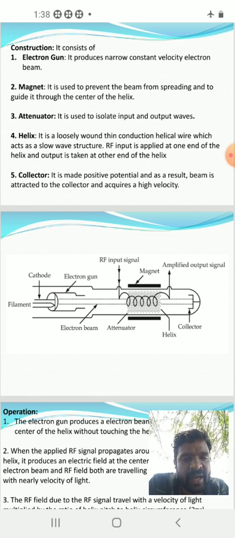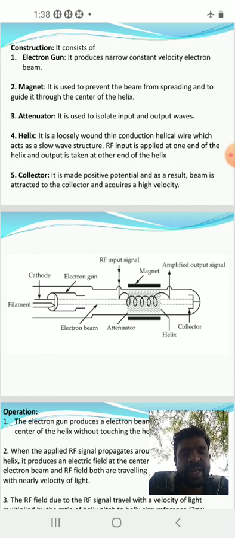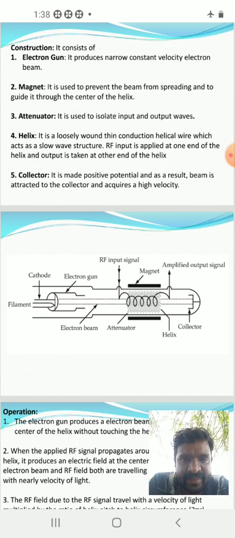Helix input is RF input, helix output is RF output. And at the right side we use an anode as collector, and we use a magnet.